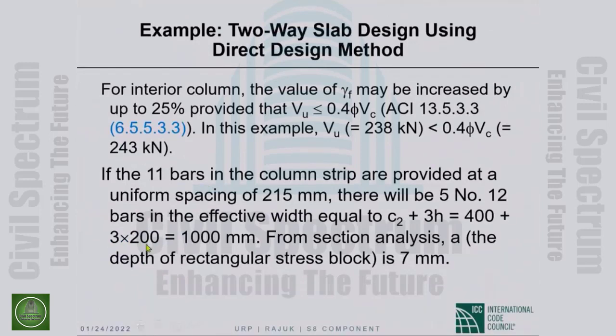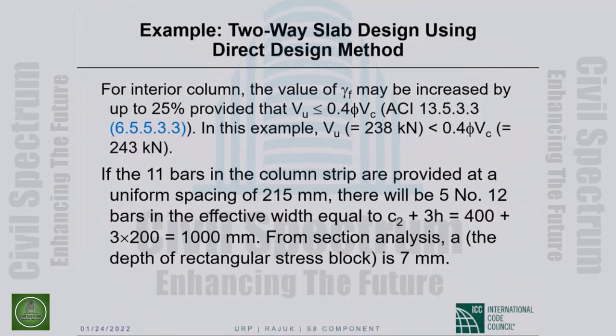If the 11 bars in the column strip are provided at a uniform spacing, the spacing then will come to 215 millimeters, 10 spacings, and 2150 is the total width. There will be 5 number 12 bars in the effective width equal to 1000 millimeters.